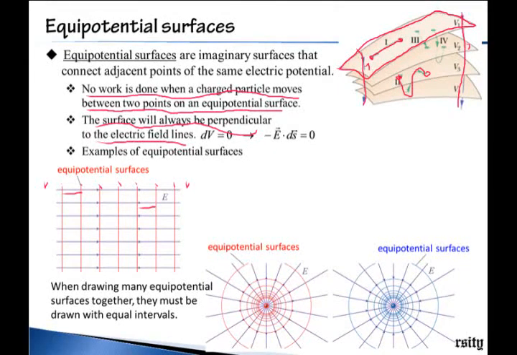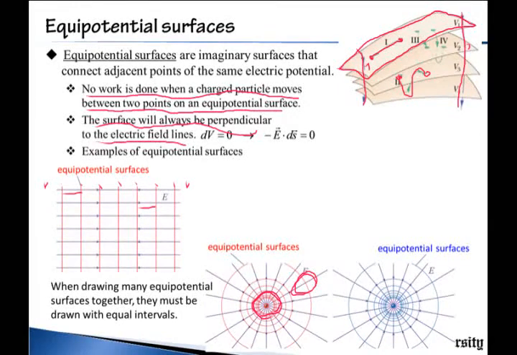Electric field lines and equipotential surfaces are perpendicular everywhere, and you see that in the middle, these equipotential surfaces are very densely populated, while it is very coarse far away, which means that electric potential is changing rapidly near the point charge, but it's changing more slowly far away from the point charge.